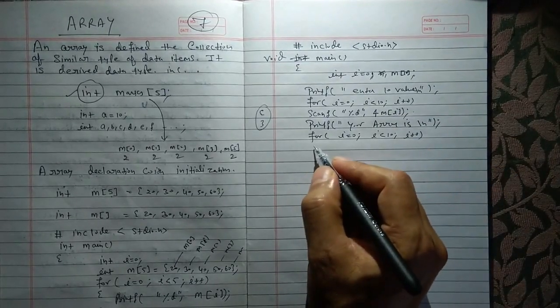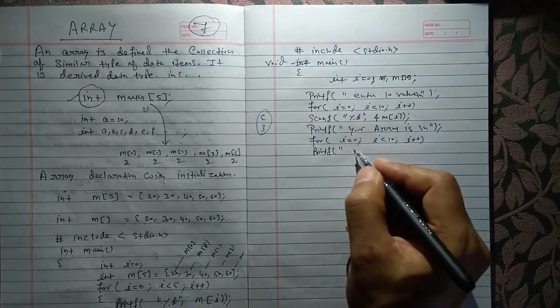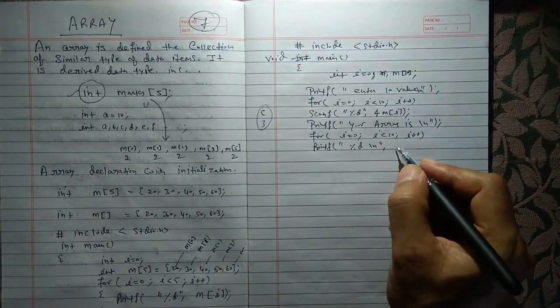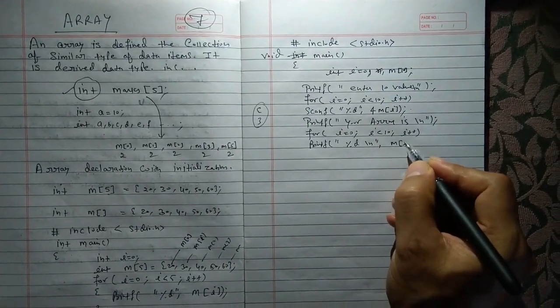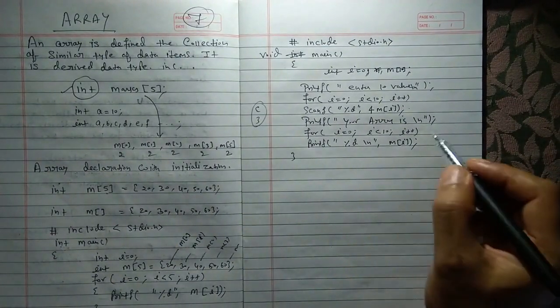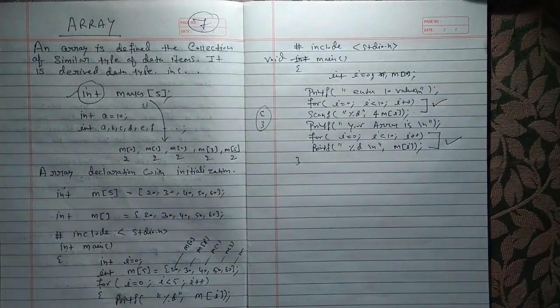Then I am using printf, it will also work 10 times, "%d \n", this time it will print, so I will use only m[i]. So now the program is closed. This loop will work 10 times, and this loop will also work 10 times.